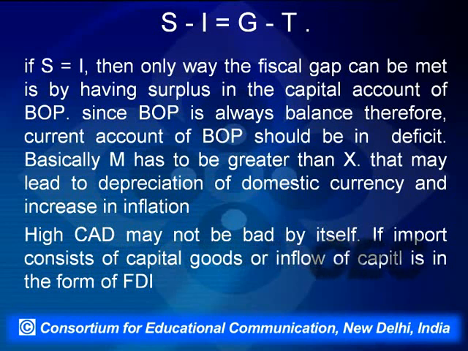Or if a positive capital account on the balance of payment is achieved through FDI, that is foreign direct investment, which is of permanent nature, which again adds to the productive capacity in the economy.